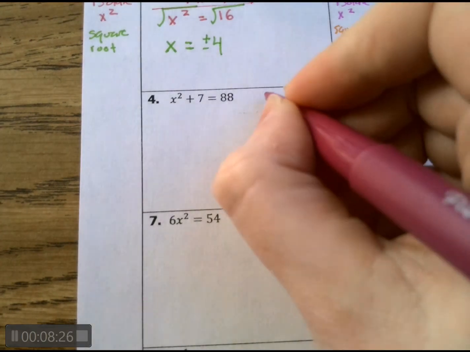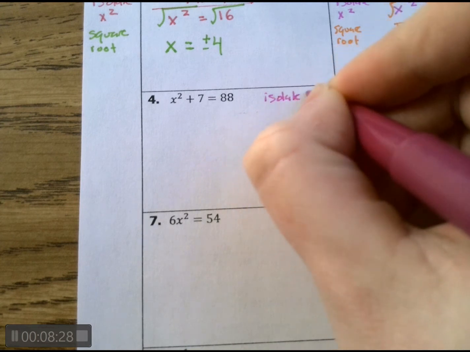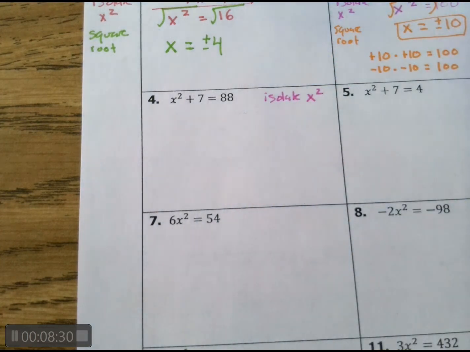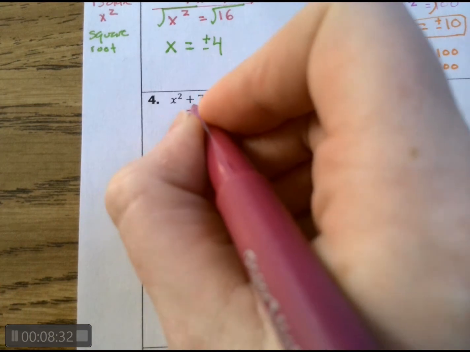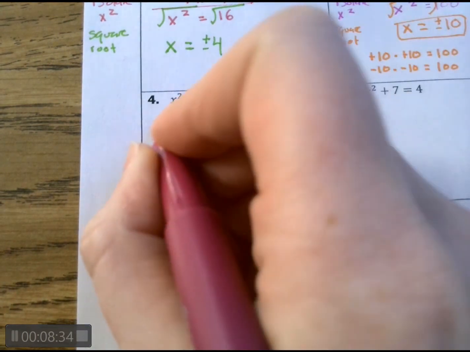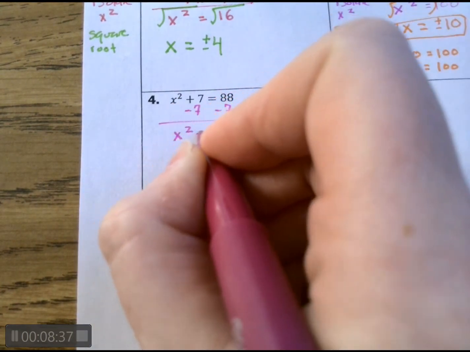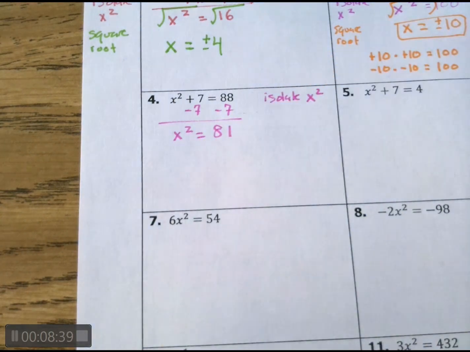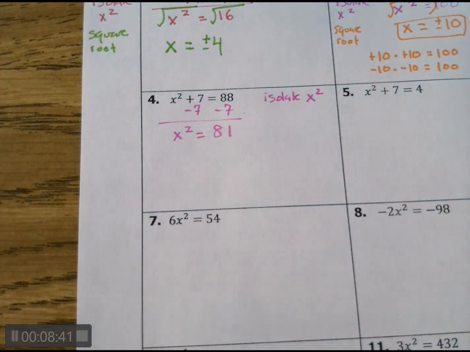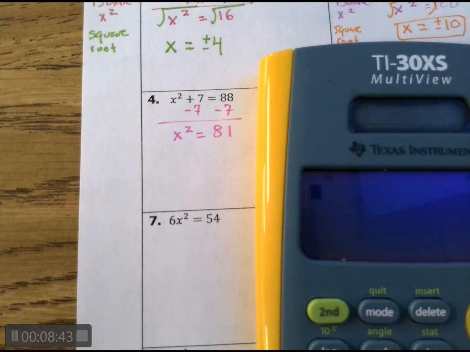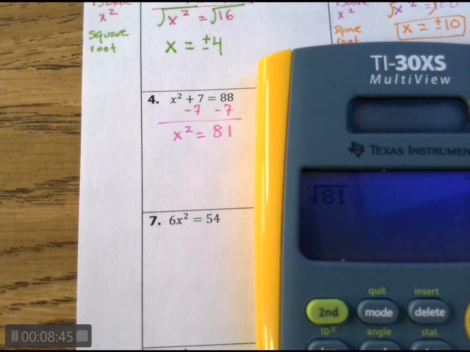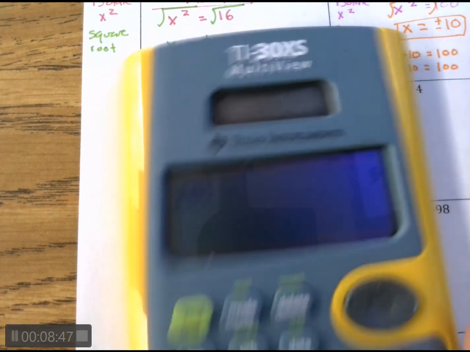So, same thing. Isolate x squared. So this time we need to subtract 7 from both sides. And we get x squared equals 81. We are going to take the square root of 81, and that is going to give us 9.